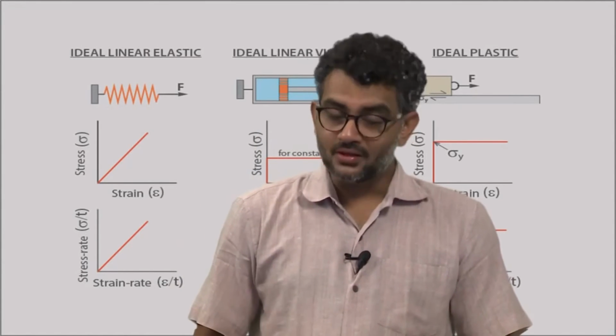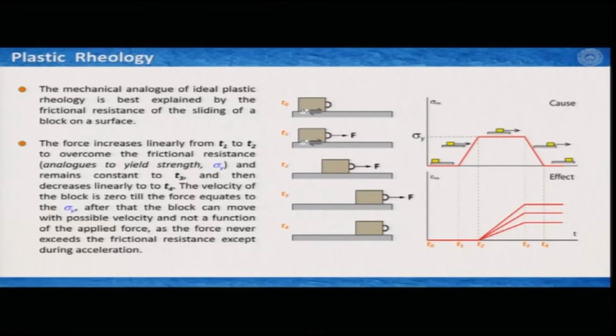So, plastic rheology is best explained by a mechanical analog we generally call a friction block. It is something like a frictional resistance on the sliding of a block on a surface which has some sort of frictional resistance. The explanation is given here with this series of illustrations.